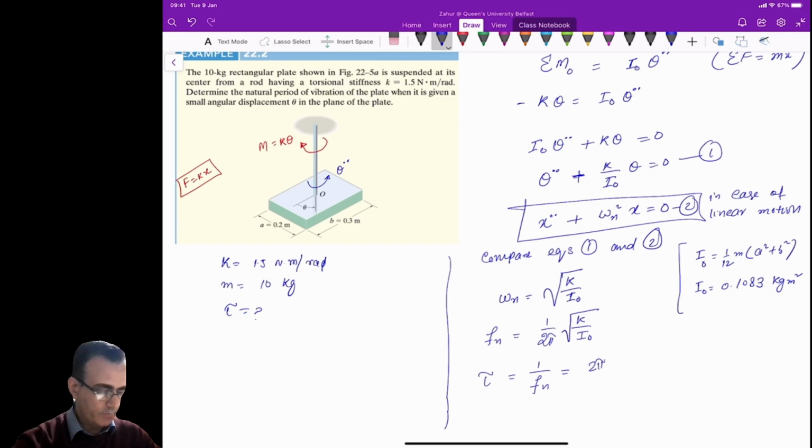So it will become equal to 2 pi times the square root of I naught divided by k. This is the time period. So if you just put the values here, 2 pi and then 0.1083 divided by k, which is 1.5, under the root, tau will become equal to 1.69 seconds here.